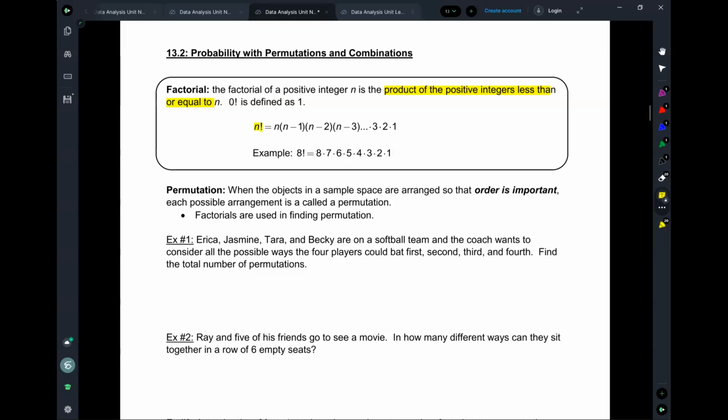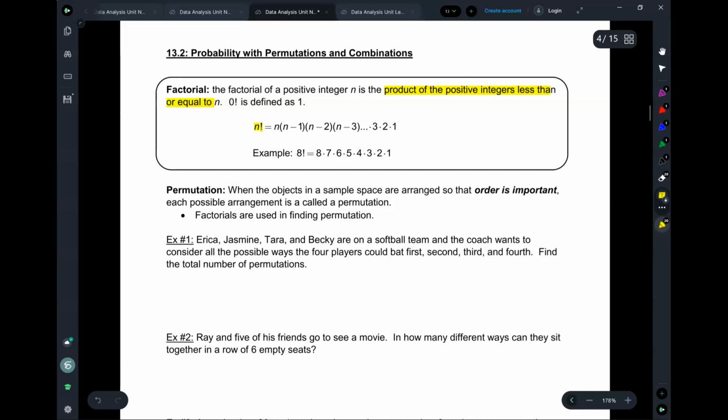The symbol for factorial is the exclamation point. This isn't like, you know, n, right? Like we're not excited about the letter n. This is n factorial, which means the way to evaluate it is n times n minus 1 times n minus 2 times n minus 3, all the way down to 3 times 2 times 1.